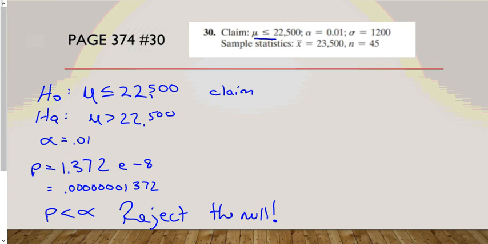Right? We finally get to do something. We get to reject the null. We get to say, get this out of here. Okay?